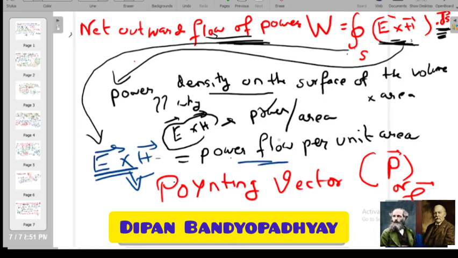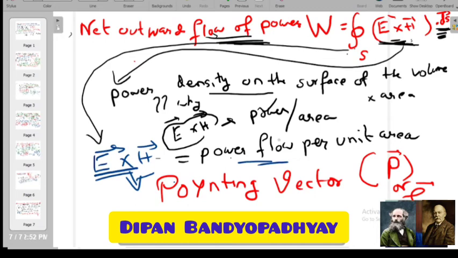There is a possibility that this term will give the power. In most cases it gives the power, that is the power density, power flow per unit area, except in some other cases where it is not giving the power.